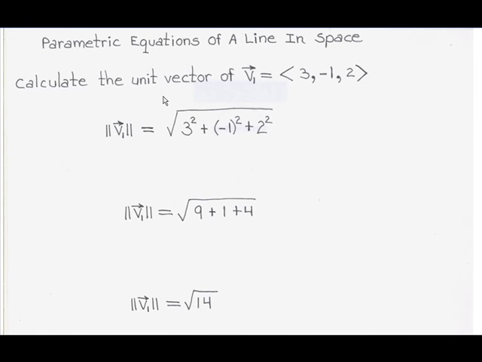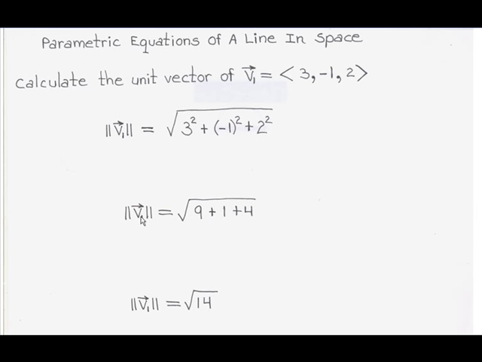Now the next thing we're going to do is calculate the unit vector of vector V1. And vector V1, as you recall, from the given parametric equations, is 3, negative 1, and 2. Using the Pythagorean relationship, the magnitude of vector V1 is equal to the square root of 3 squared plus negative 1 squared plus 2 squared.